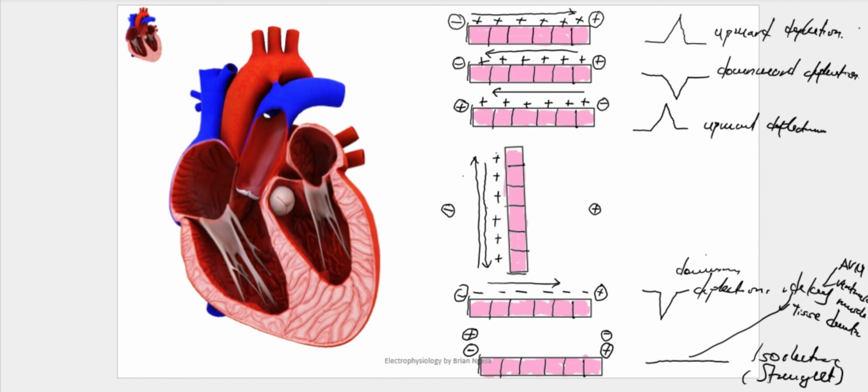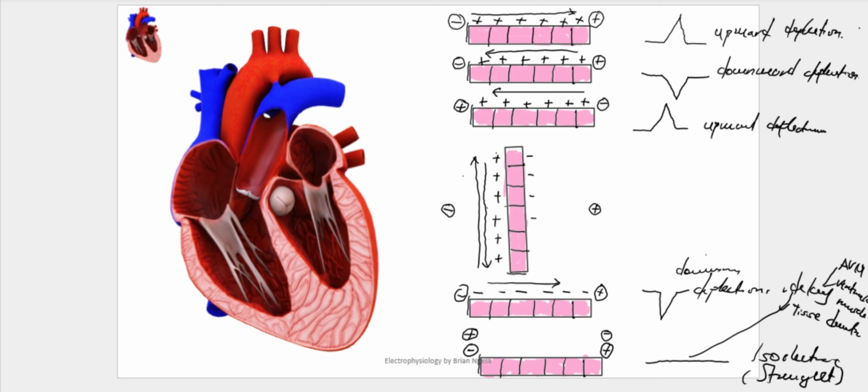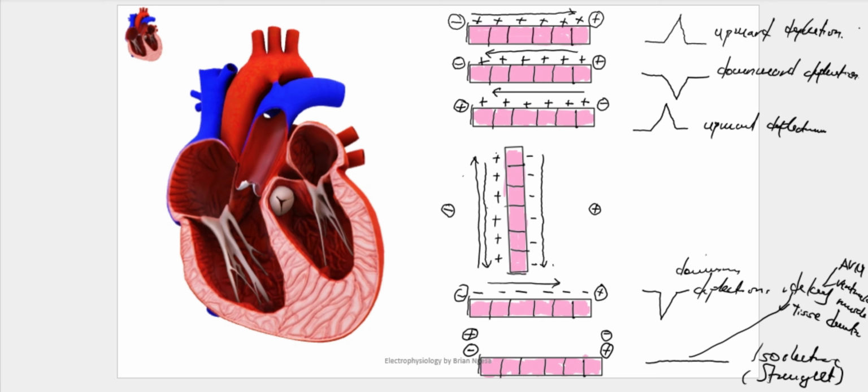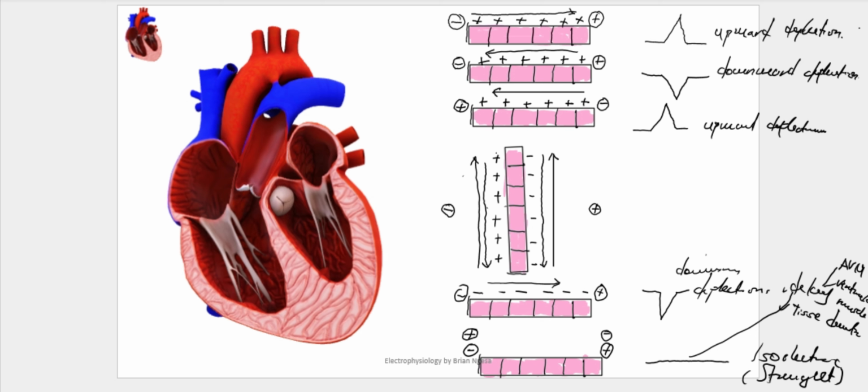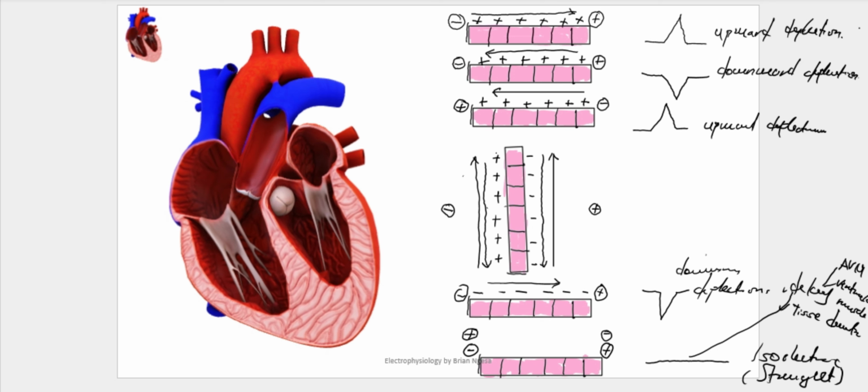Or sometimes you could be having a wave of repolarization spreading in a descending manner, or the wave of repolarization spreading in an ascending manner.